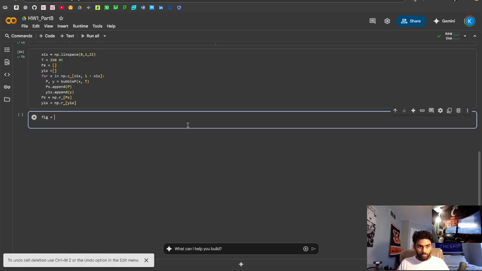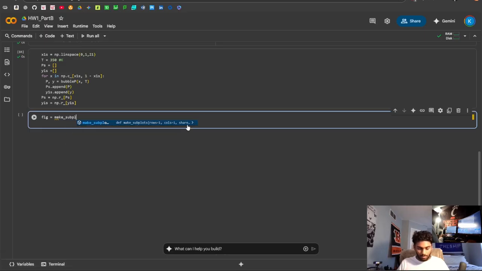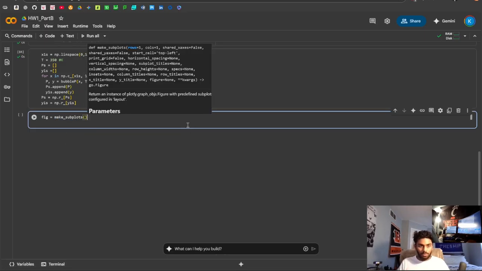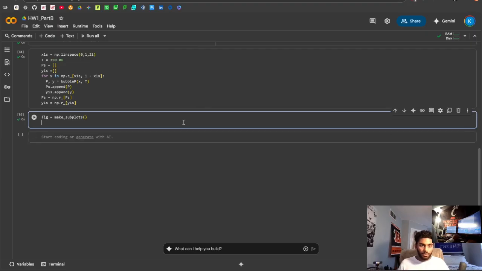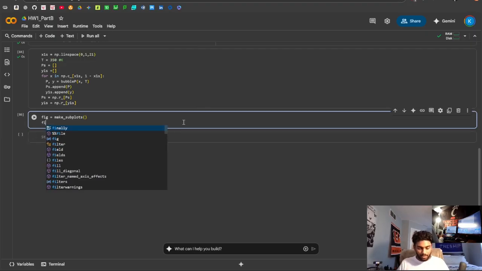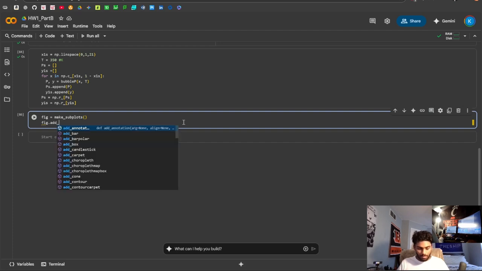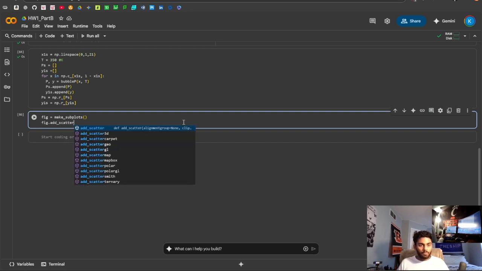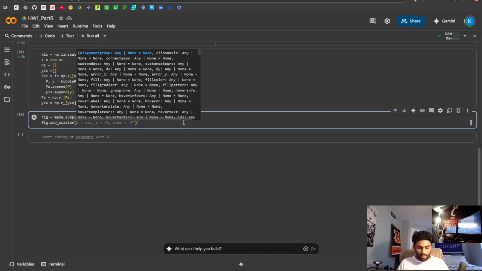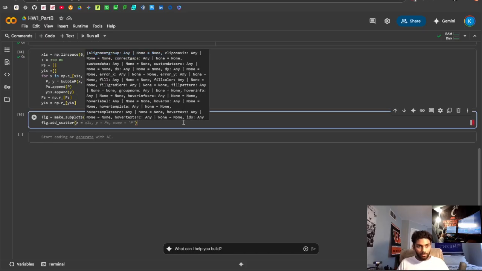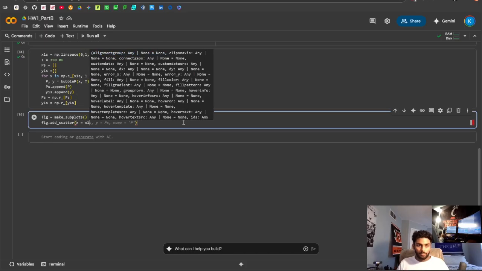So fig equals make subplots. Right. And then we're going to add scatters. Fig.add_scatter. Our x's, we'll do our bubble curve first.